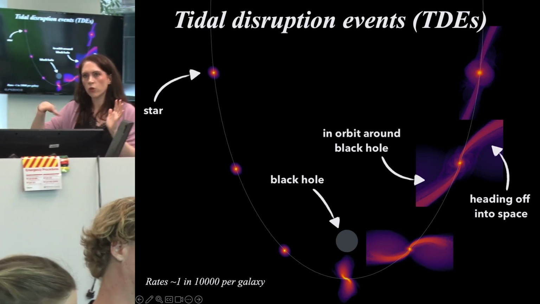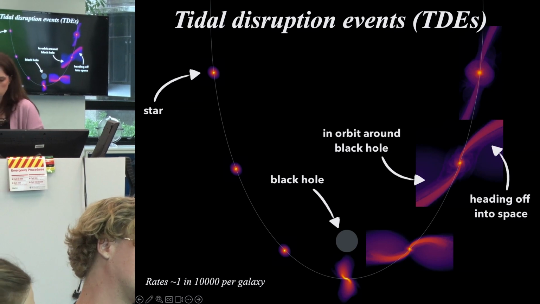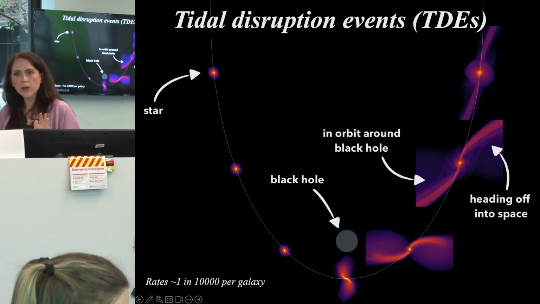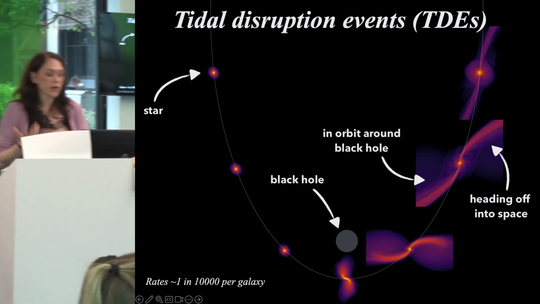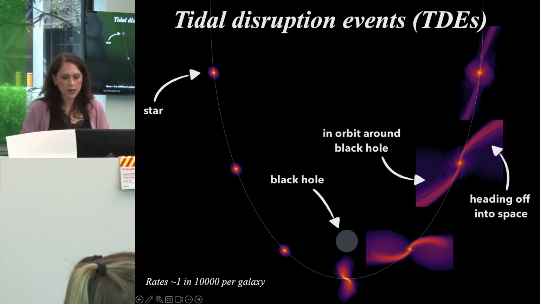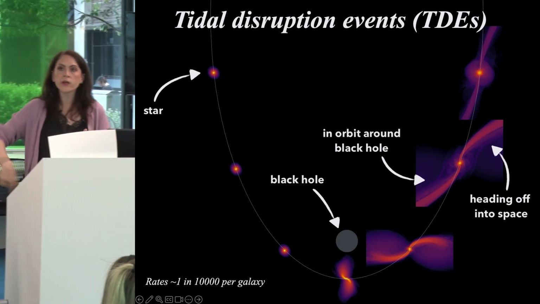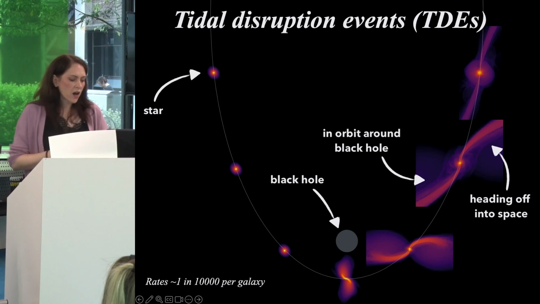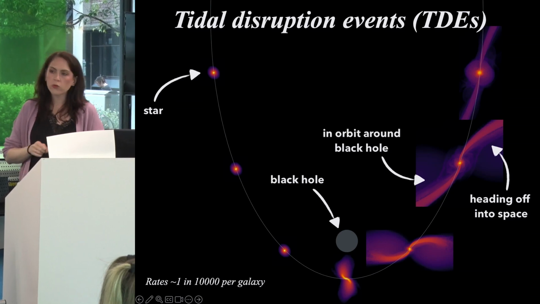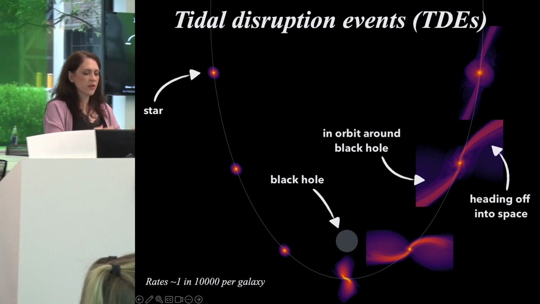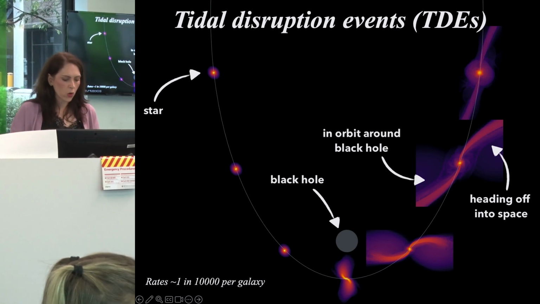This is what's being shown in this little diagram. When this happens, we expect that half of the destroyed star will continue on the original orbit, while the other half will be gravitationally bound to the black hole, forming an accretion disk, which will eventually be accreted onto the black hole.